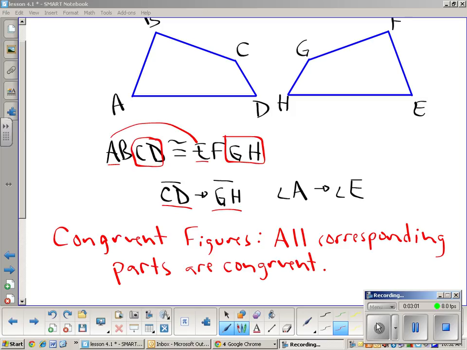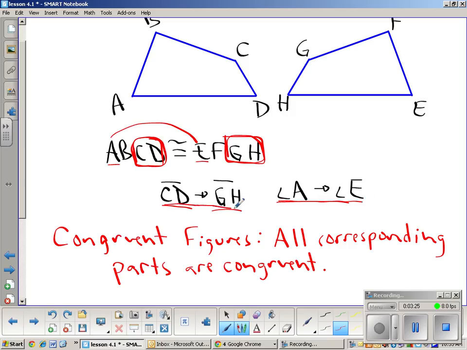We spent a minute identifying congruent segments and a pair of congruent angles. And so now what we want to do is identify all of them so that we can say which angles and which sides are congruent. And we already said to begin with that there were how many pairs of angles? 4.